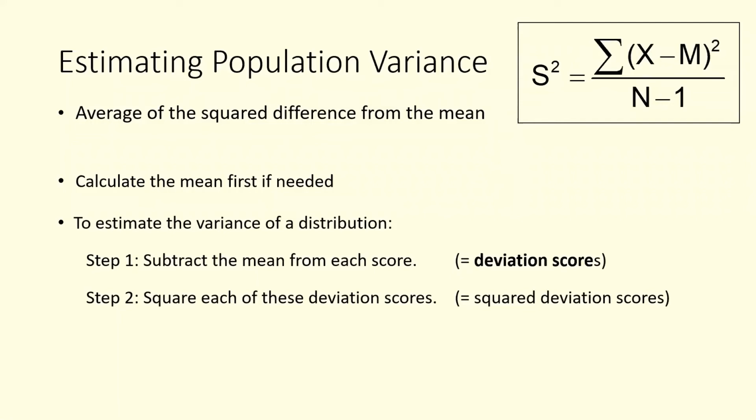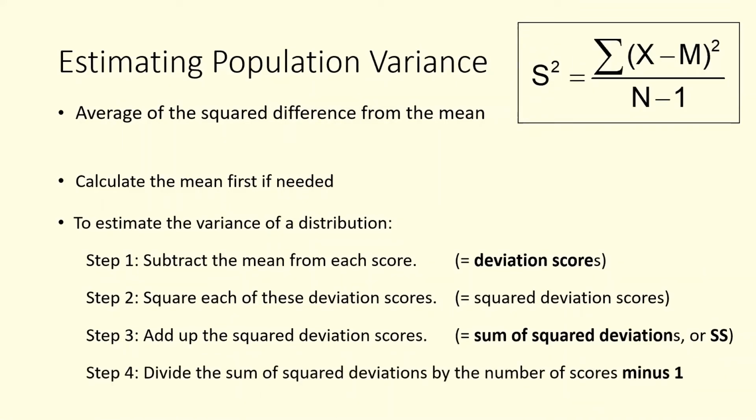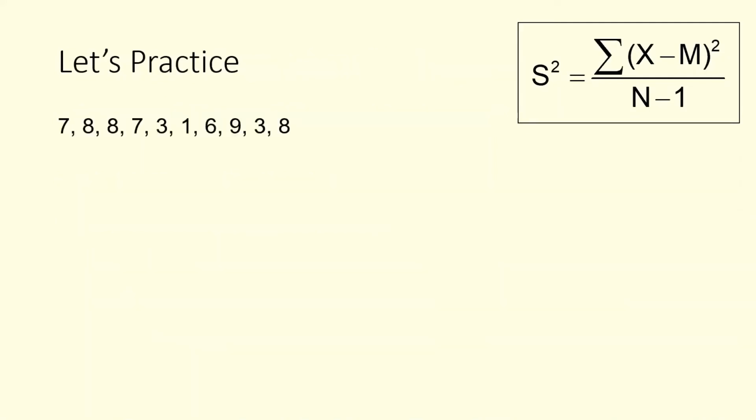So after we subtract, whatever that answer is, we're going to square that number, and we're going to do that for each of those numbers that we have. We're then going to add up those squared answers. And then we're going to divide the sum of the squared deviations by the number of scores in our sample minus 1. And again, that's the change, that minus 1.